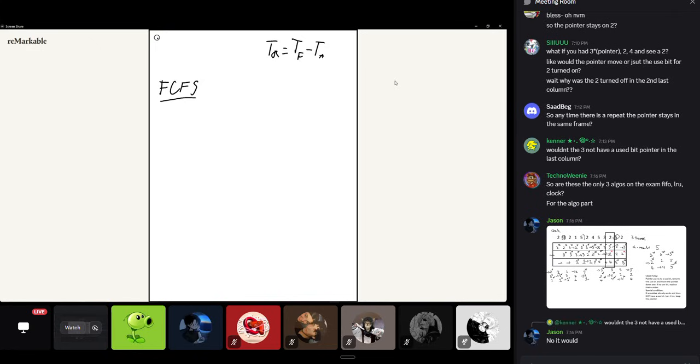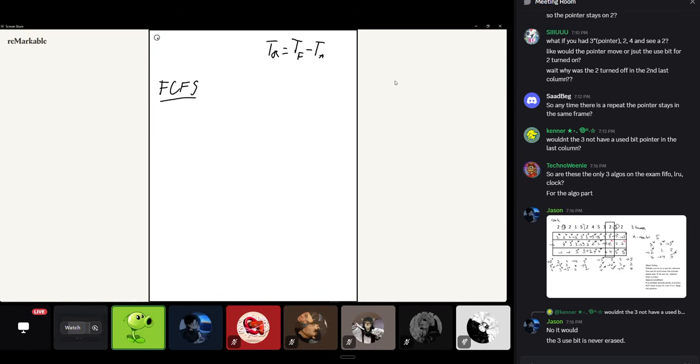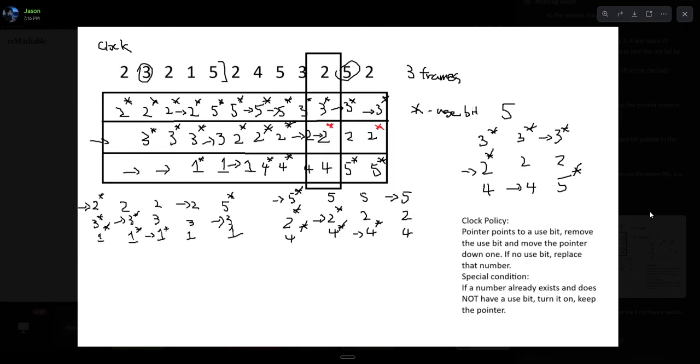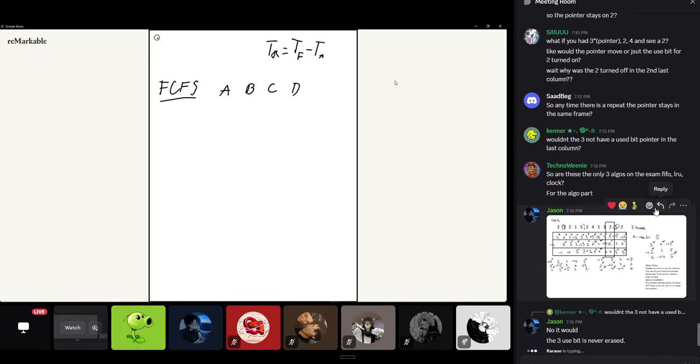And if you haven't researched and you don't know what a uniprocessor scheduling algorithm is, I'll show you, but essentially it looks something like this. You're going to have some processes: A, B, C, and D. They're going to have something called TA, and something called TS.